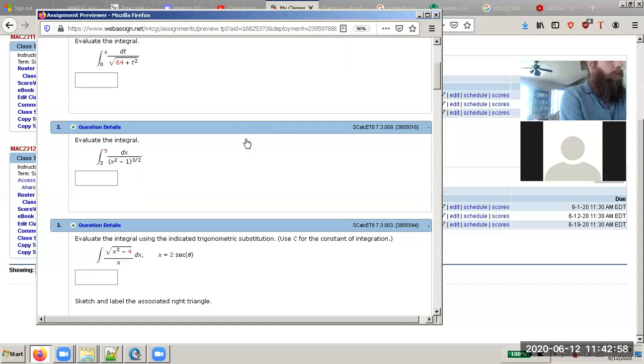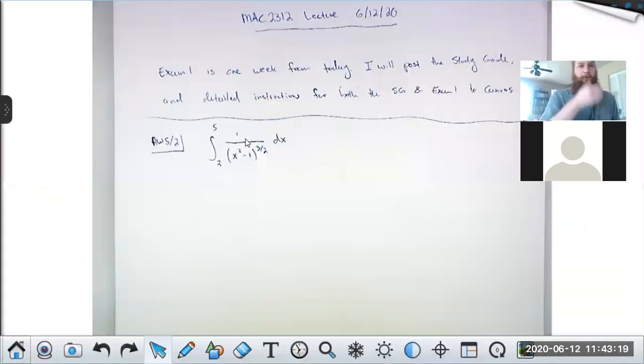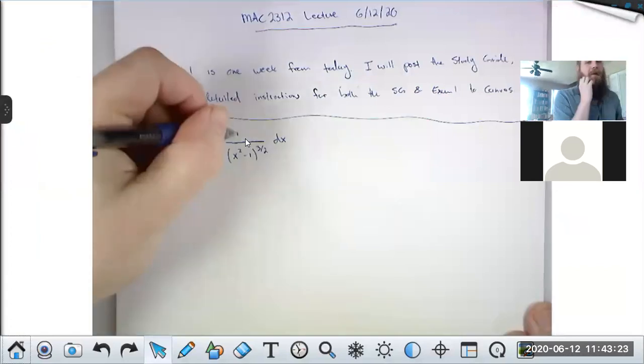All right. So this is homework 5, problem 2, and we want to do the integral from 2 to 5 of 1 over x squared minus 1 raised to the 3/2 power. All right, so this is our goal.